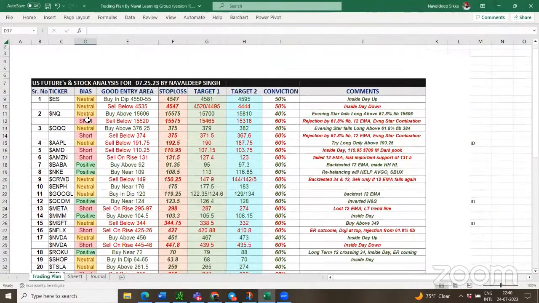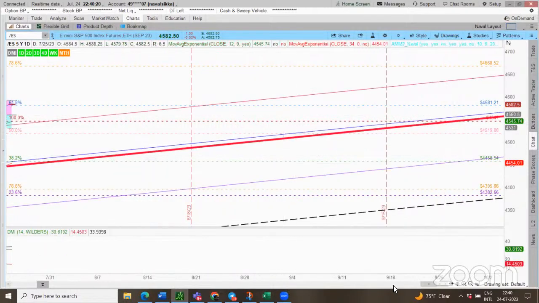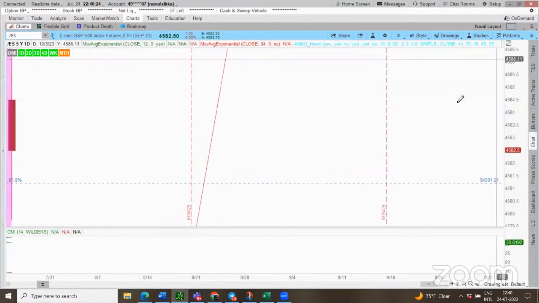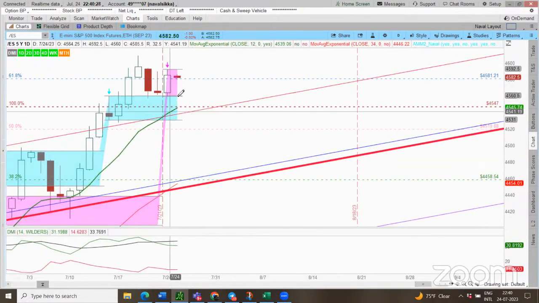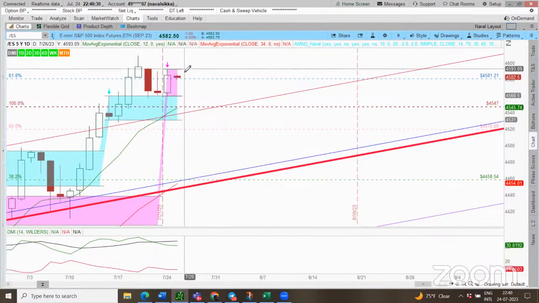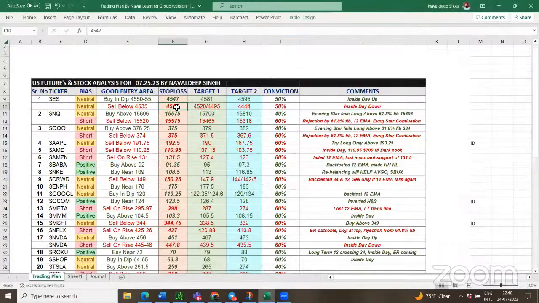So if I go here, again, I'll keep my bias neutral. My target is 45.81, which we achieved today. Now, in this case, my stop loss, like if I want to short, I would short on the rise towards 45.93 because that's the area.